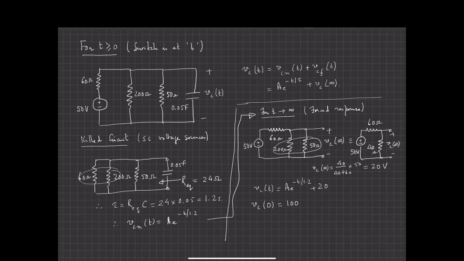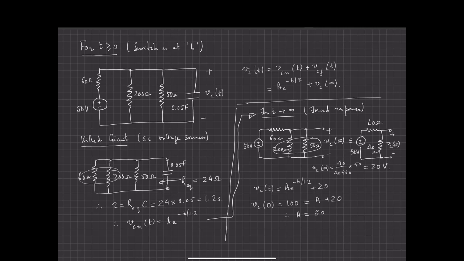And so at 0, the right-hand side of the above equation becomes A plus 20, and therefore A equals 80. All right?